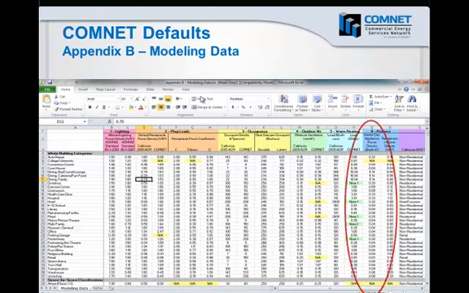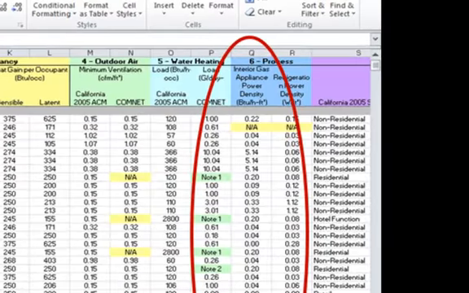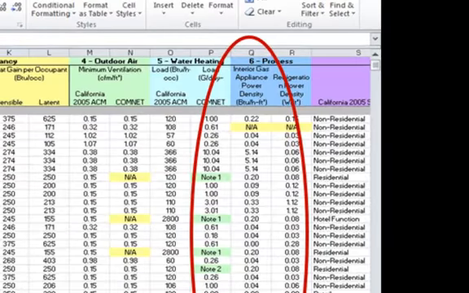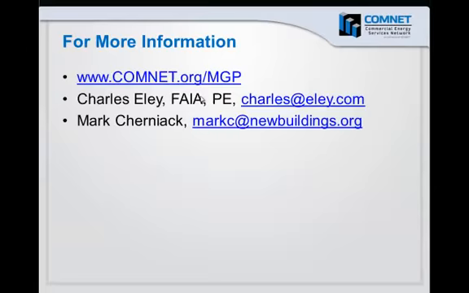And so the default values for interior gas appliance use are shown in Appendix B, and those can be used as the default, or if you've got more accurate values, you can put those in too. But they're neutral dependent, which means that they apply to both baseline and the rated building.